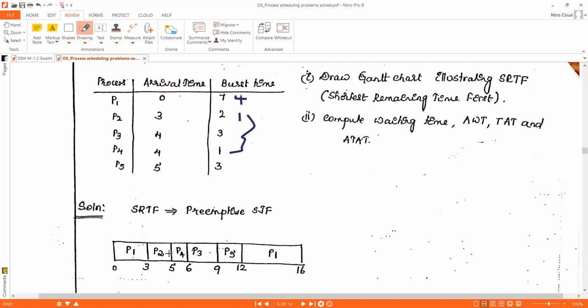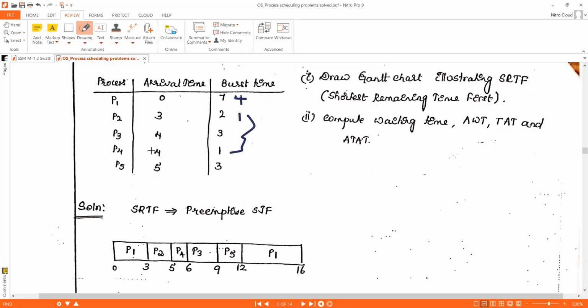Process 2 will complete its execution at clock time 5 milliseconds. At clock time 5 milliseconds, another process arrived to the ready queue, that is process 5, with a burst time of 3 milliseconds. Now the processes to be executed are process 1 with a burst time of 4 milliseconds, process 3 with 3 milliseconds, process 4 with 1 millisecond, and process 5 with 3 milliseconds.